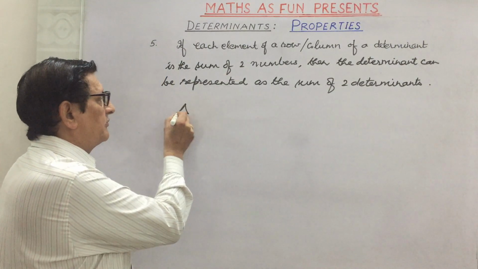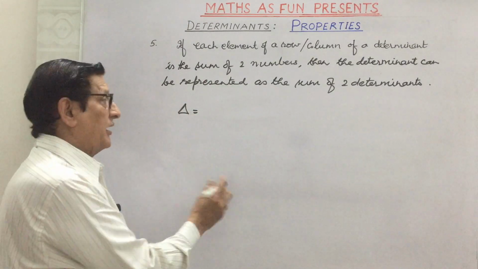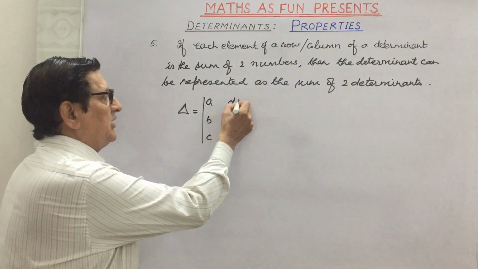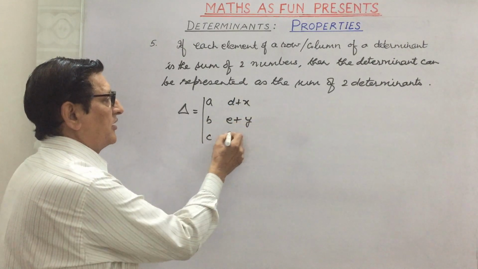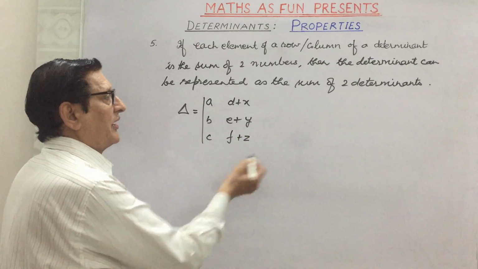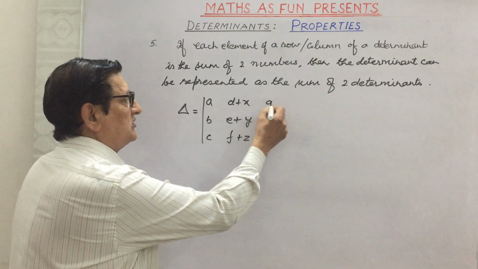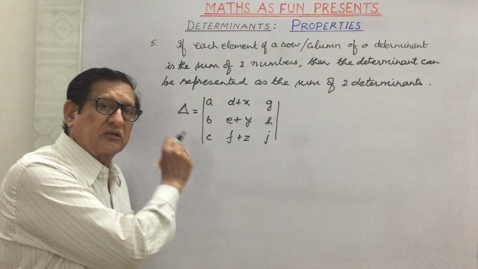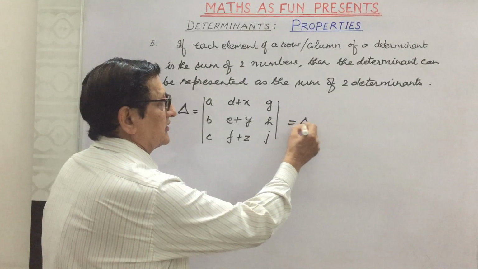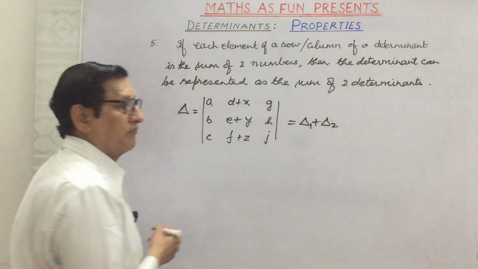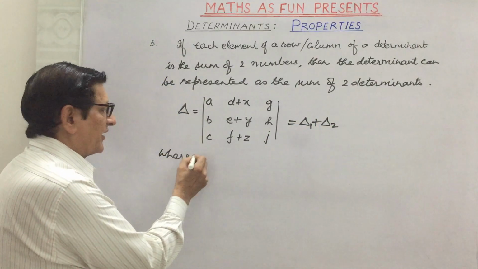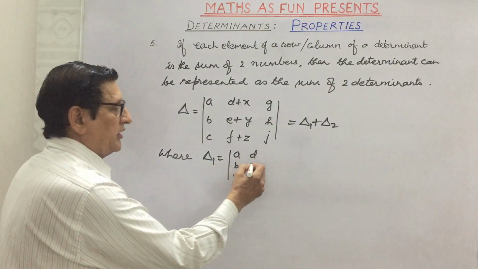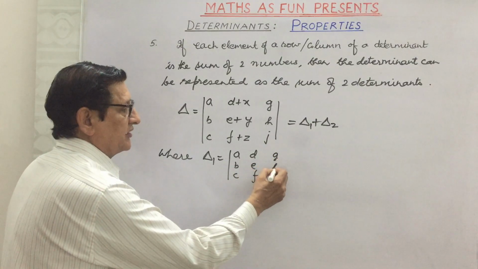Suppose we have a determinant delta and the elements in this are a, b, c, d plus x, e plus y, f plus z, and this is g, h, i. Then this determinant can be represented as a sum of two determinants, that is delta 1 and delta 2, where delta 1 is equal to a, b, c, d, e, f and g, h, i.